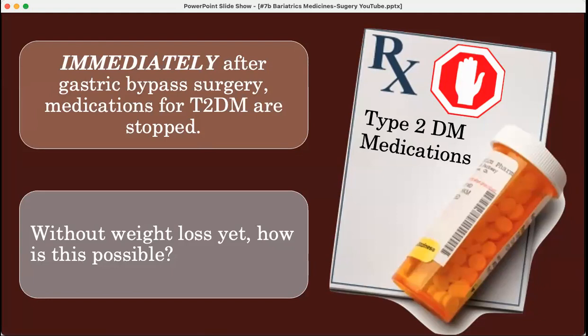Immediately after surgery, patients will be taken off their type 2 diabetic medications. Immediately, they're told to leave their diabetic medications at home. So without weight loss yet, they have not lost any weight, they just barely had surgery, how is it possible that they don't need their type 2 diabetic medications immediately after surgery?